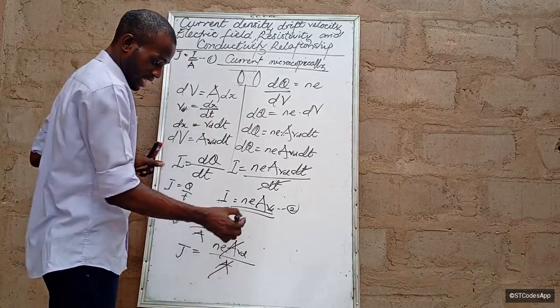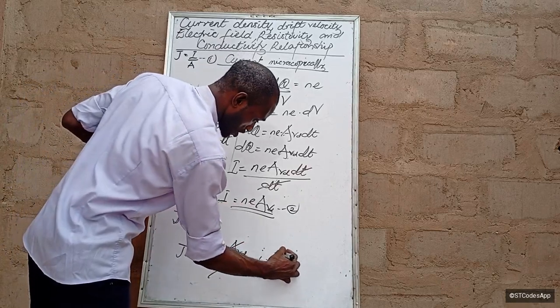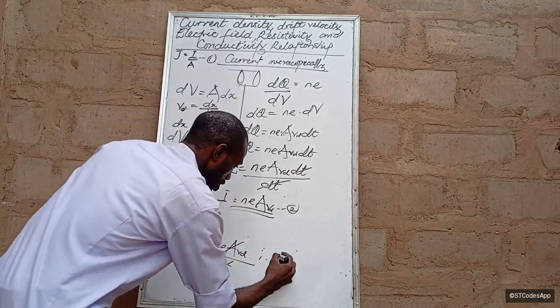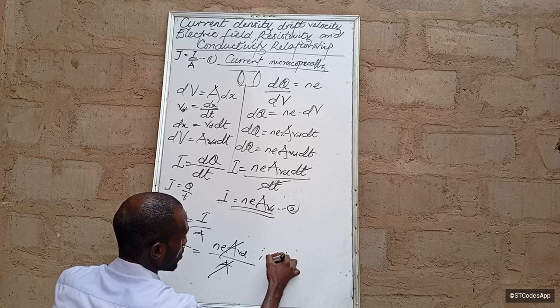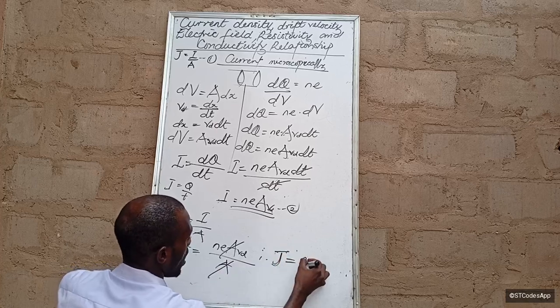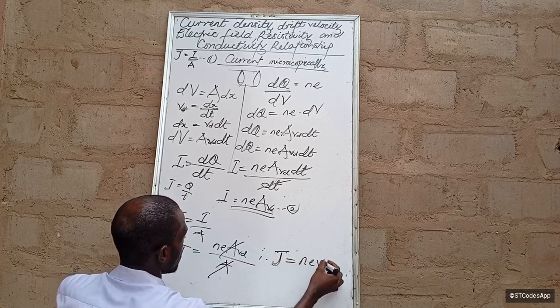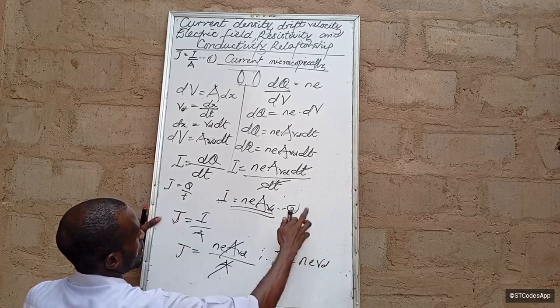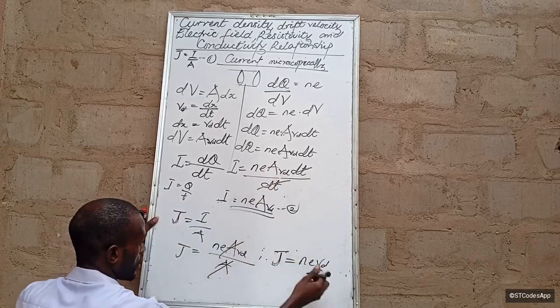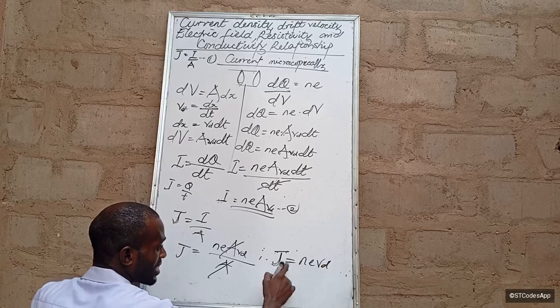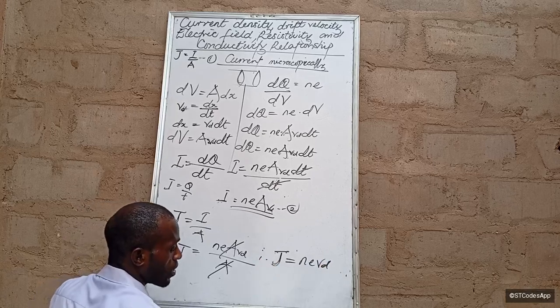So area will cancel area, and therefore J, the current density, is going to be equal to ne v sub d. Do you understand? Let's be sure we didn't miss anything out. Okay, ne v sub d, and that is current density.